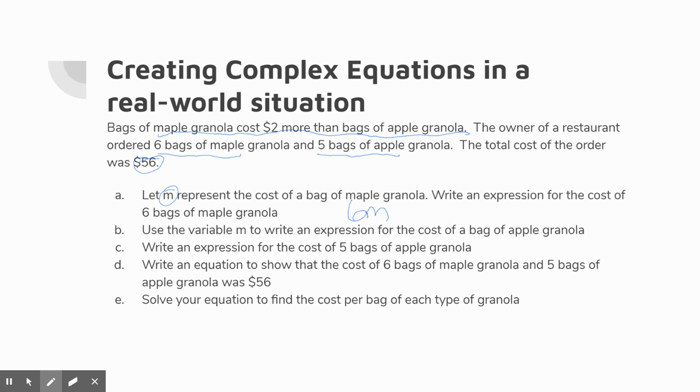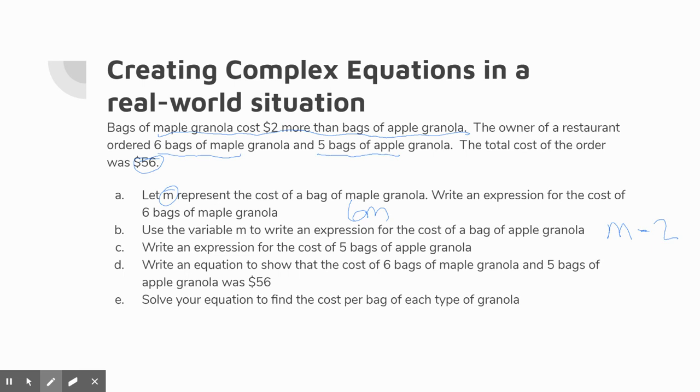So now I'm going to use the variable M to write an expression for the cost of a bag of apple granola. Well, I know maple granola is $2 more. So if I take the cost of 1 bag of maple granola, M, and subtract $2, I'll have the cost of a bag of apple granola.